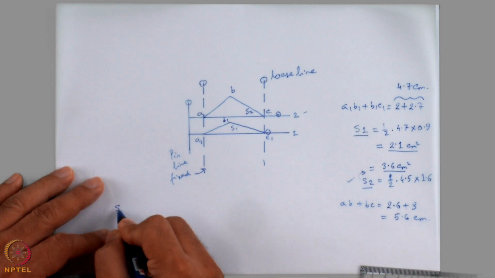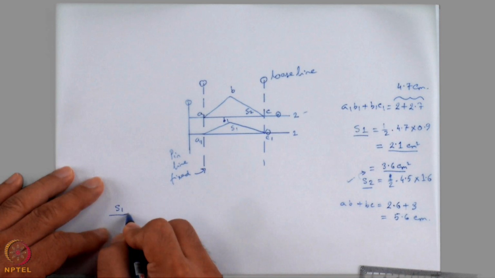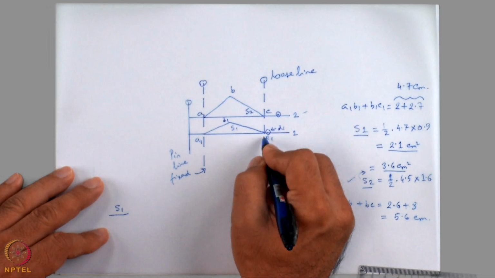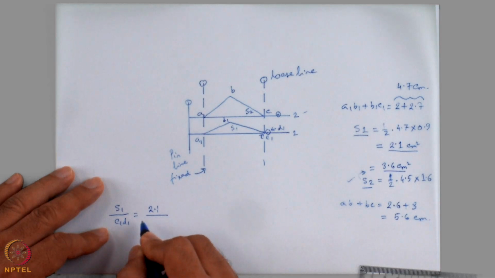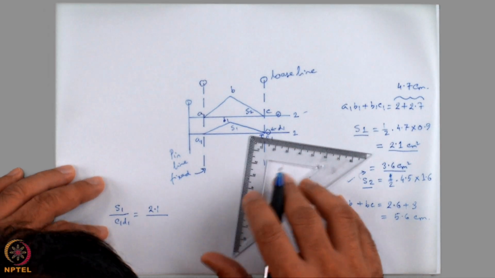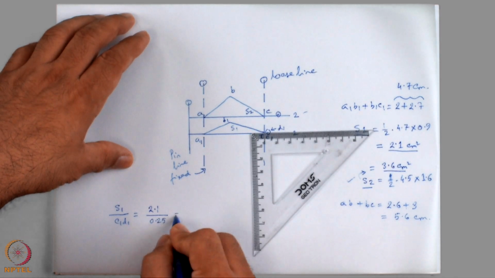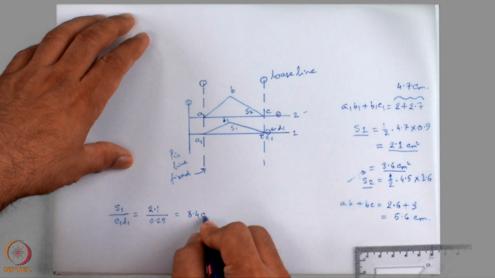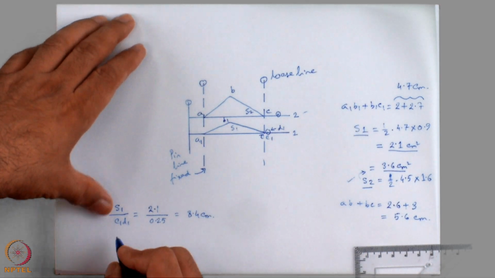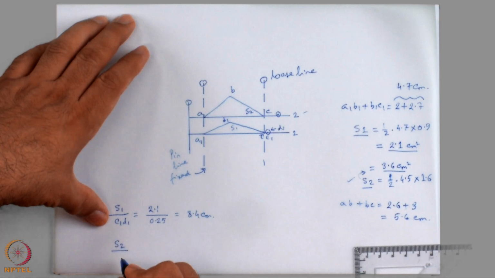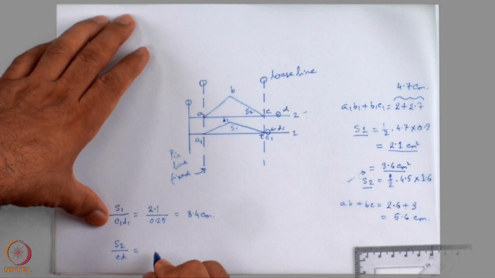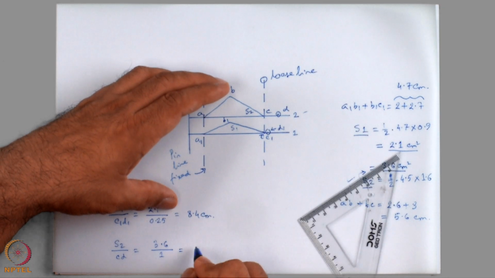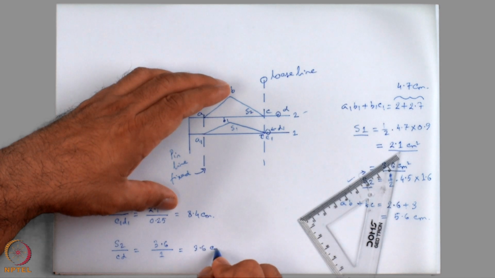Now, the S1 area divided by the C1D1 distance is given by 2.1 divided by 0.25, which is equal to 8.4 centimeter, and the S2 area divided by the CD distance is given by 3.6 divided by 1 centimeter, which is equal to 3.6 centimeter.